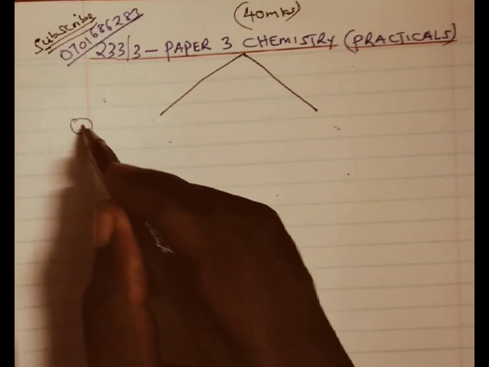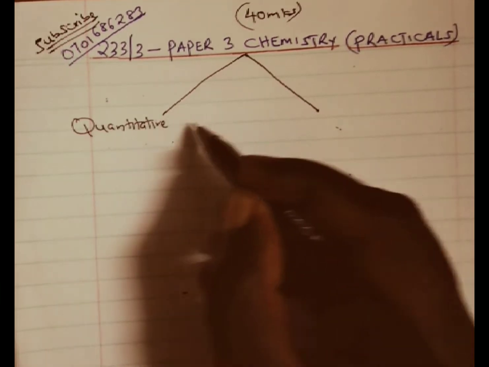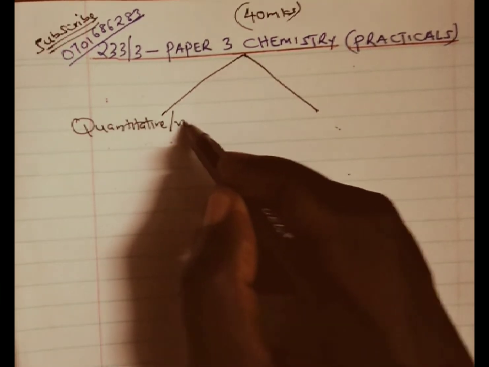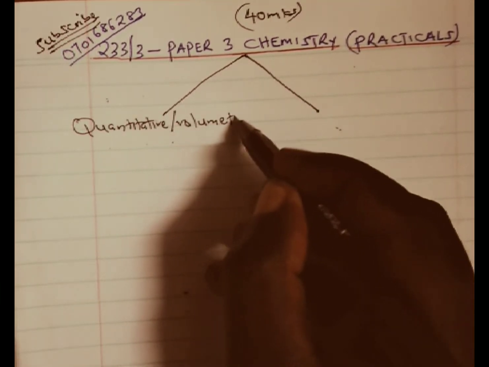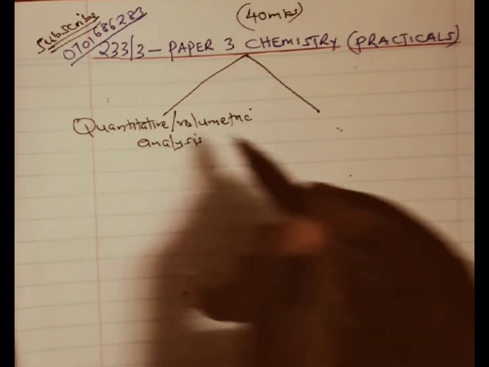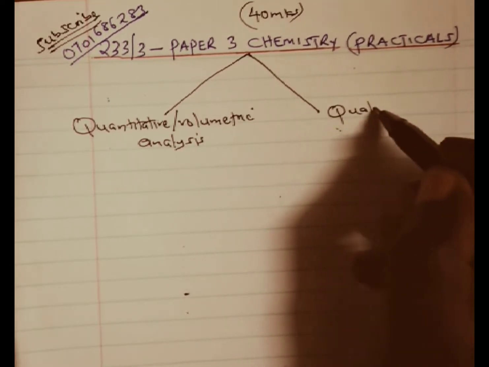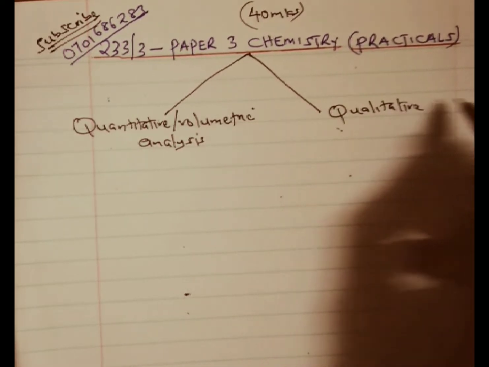One, we have quantitative, also known as volumetric analysis, and the other part is on qualitative analysis.